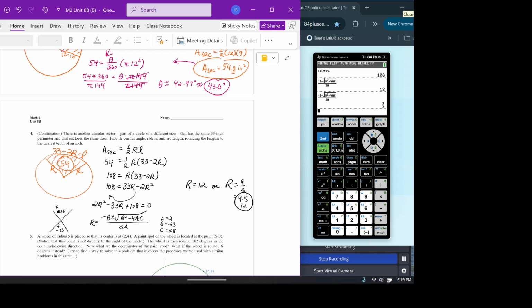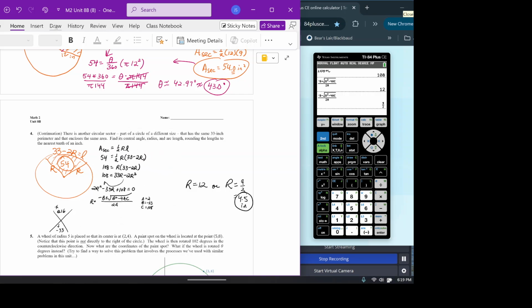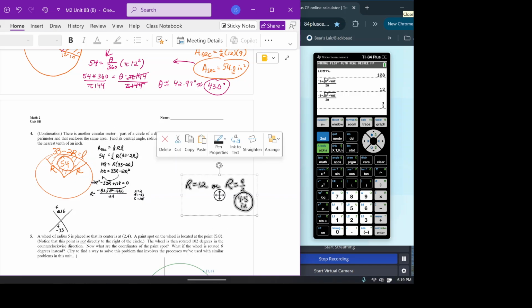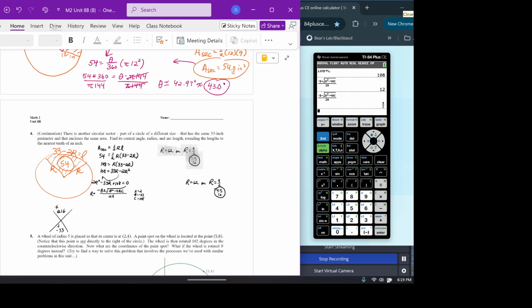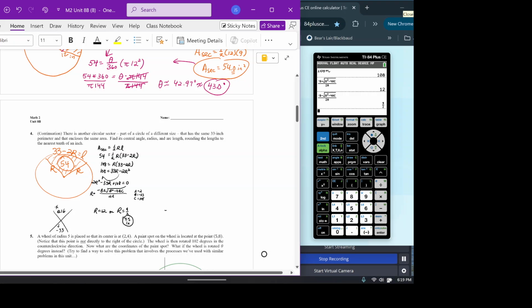Okay, so let me shrink this down a little bit. Actually, I'll put this underneath here. So now we know the radius has to be 4.5 inches.